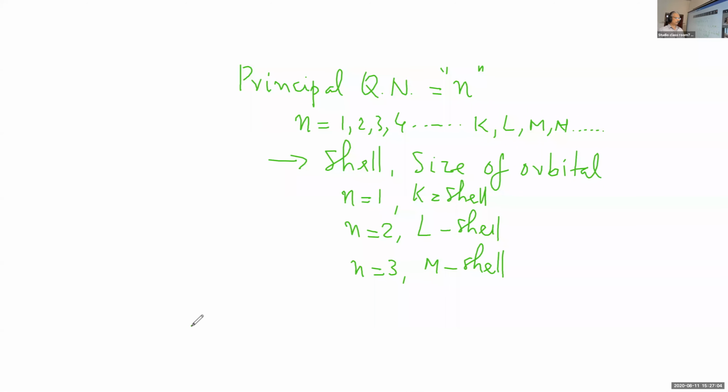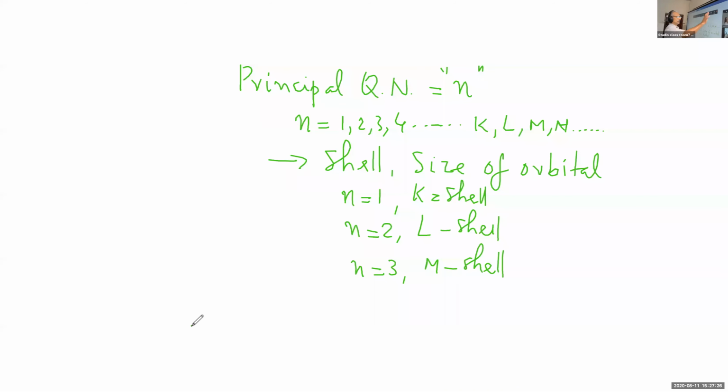If n is equal to 2, it is the L shell. If n is equal to 3, it is the M shell, etc. Not only that, from the principal quantum number we will get the size of the orbital also.